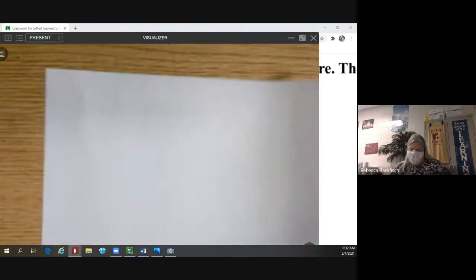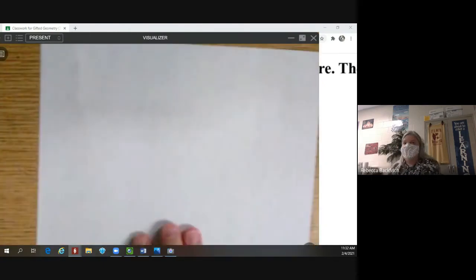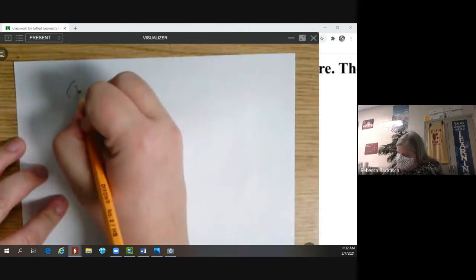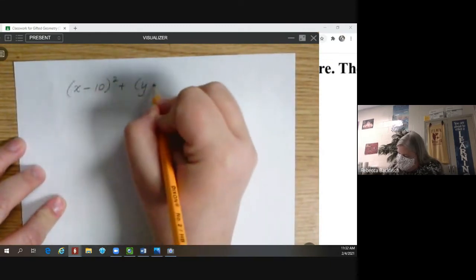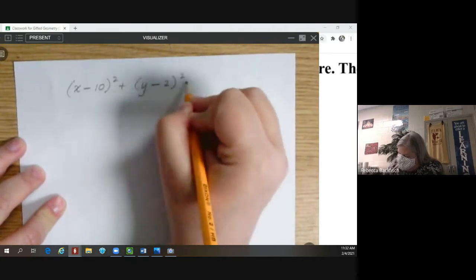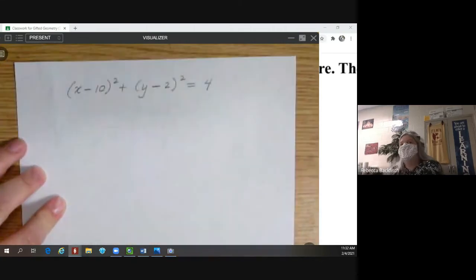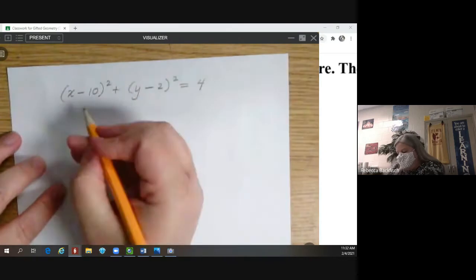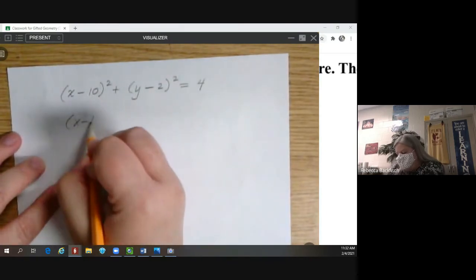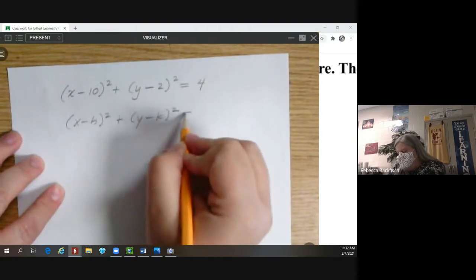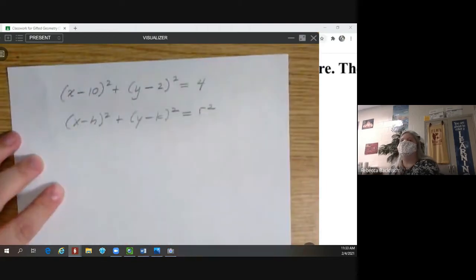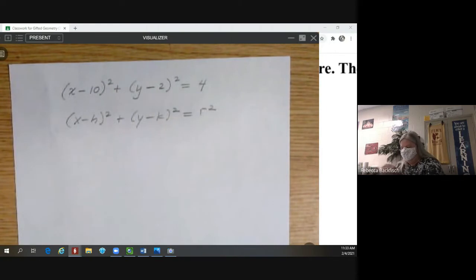Let's say I have this. Okay, so here is the format for the standard form equation. And there are two things that really you could screw up here. One is this.